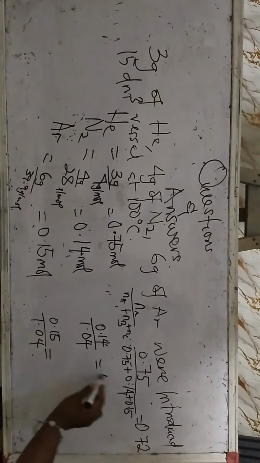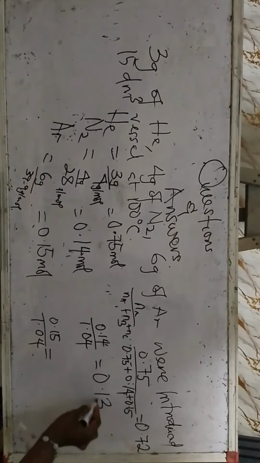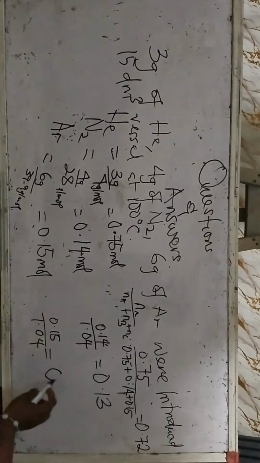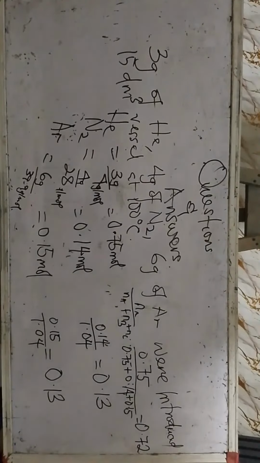What will be the mole fraction for nitrogen gas and argon? 0.13. Good. Then argon will be what? Some persons say argon is 0.13.